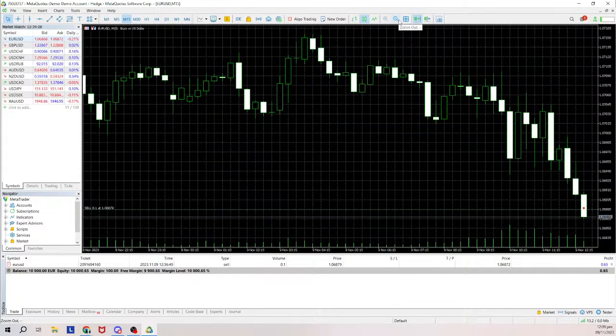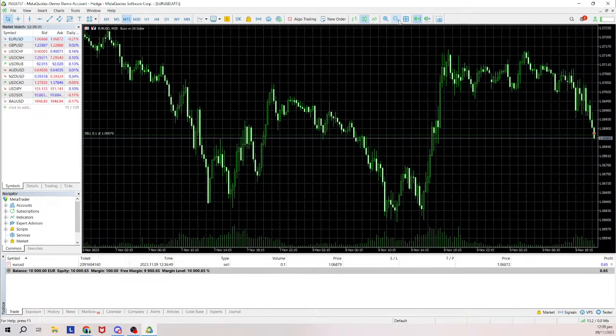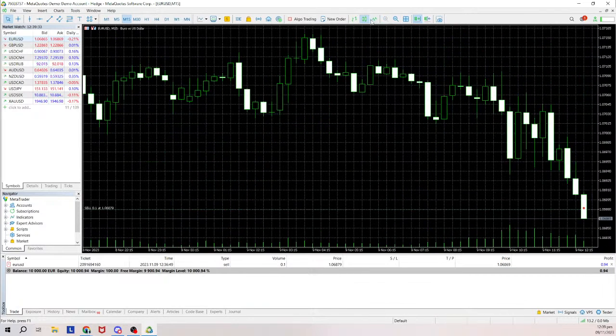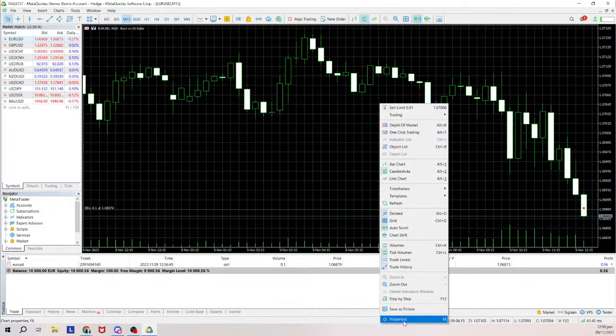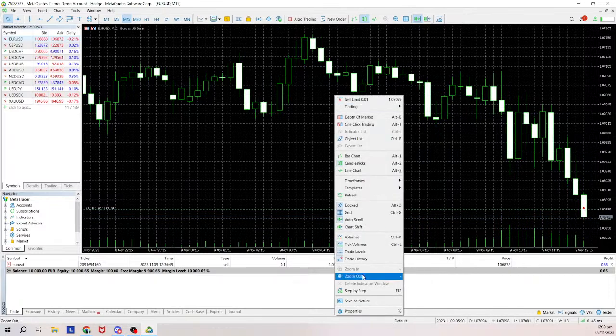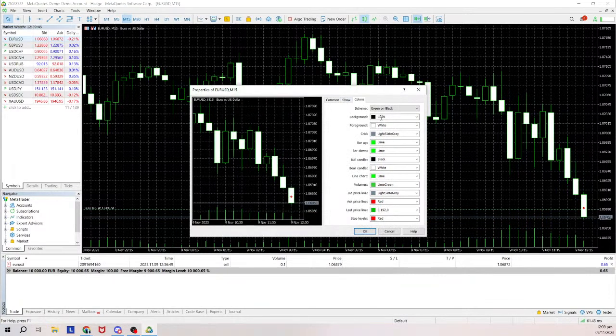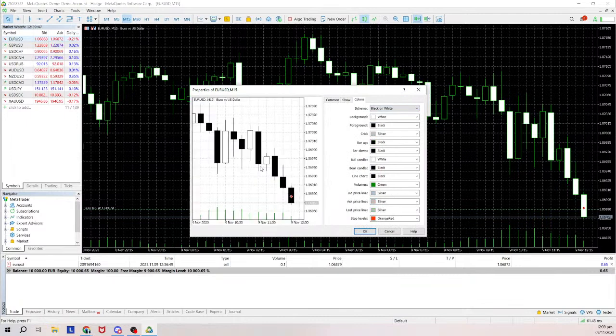This is the zoom out. As you can see, zoom in. The charts that we're using are candlestick charts. Okay, and let's say we don't like the way it looks, we can again left click on the chart itself, come to properties, and change the colors.